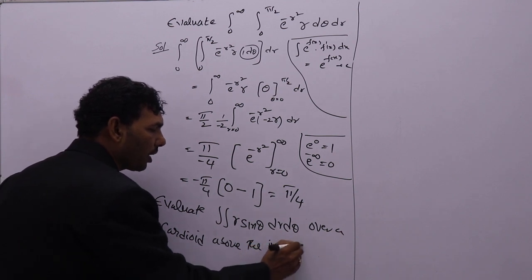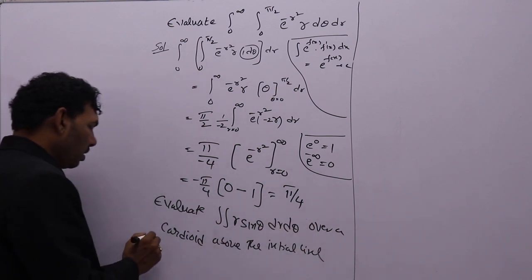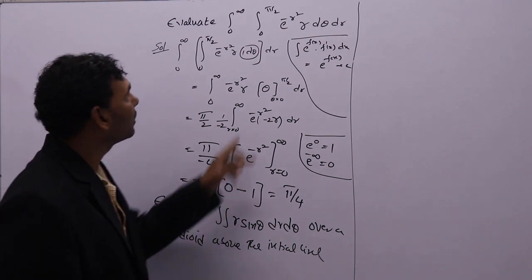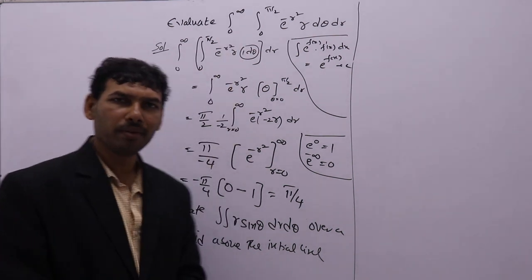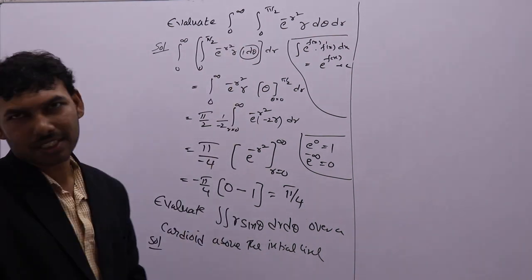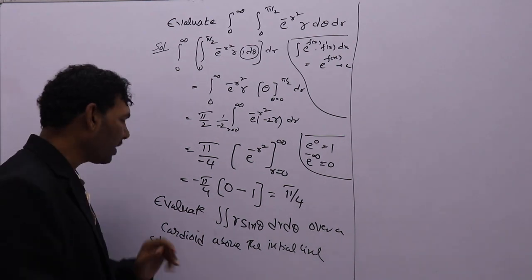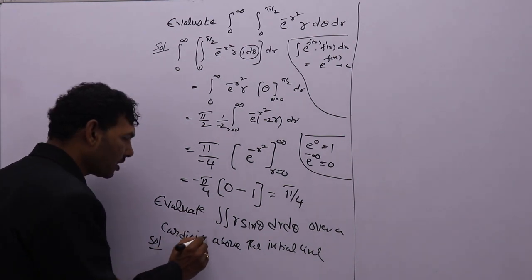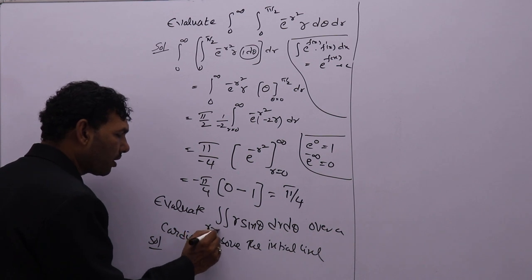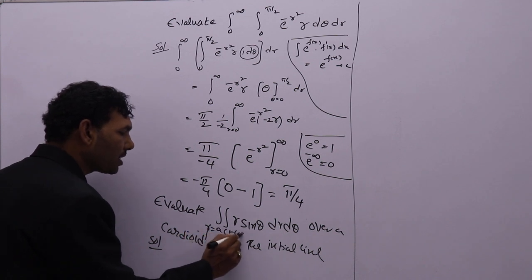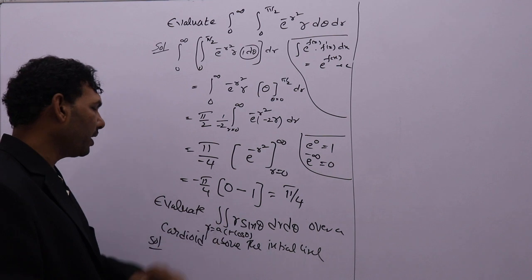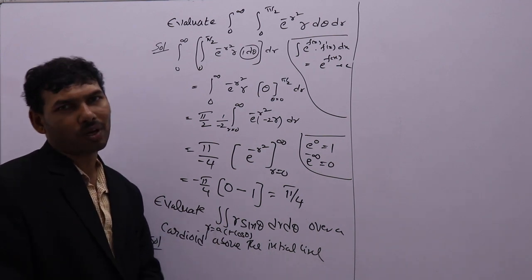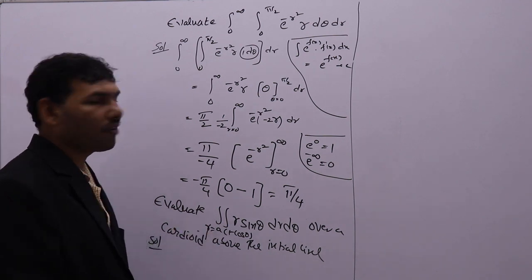So here the limits were not given like the previous problem. We need to evaluate the limits. For that, he has given a cardioid. Generally a cardioid is given as r equal to a into 1 minus cos theta. Over a cardioid r equal to a into 1 minus cos theta. Now we need to evaluate this.